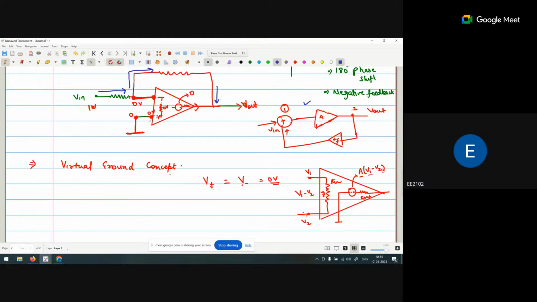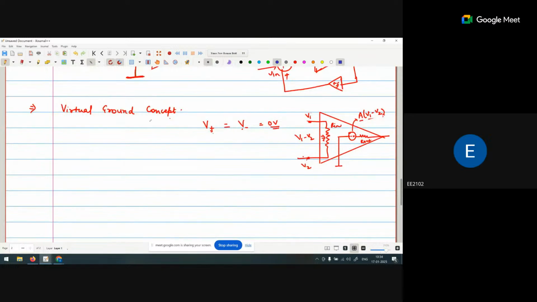Here I am getting 0 volt, and this voltage is Vout. So can I apply KCL at this point? If I say the current here is I1 and the current is I2, then incoming current is equal to outgoing current. So I1 is equal to I2.